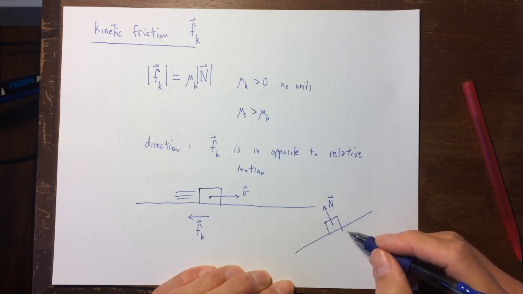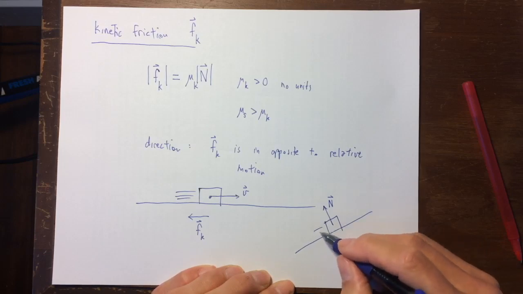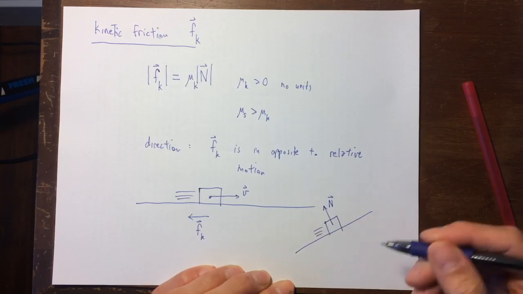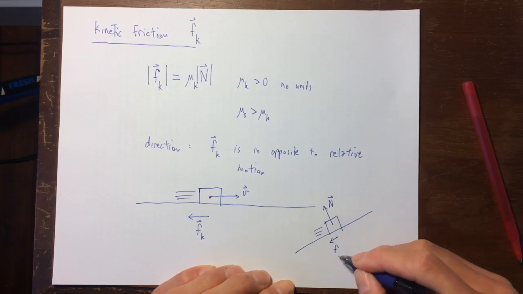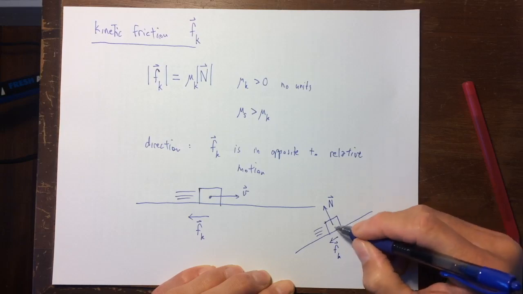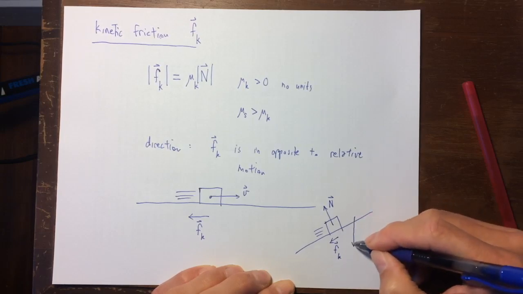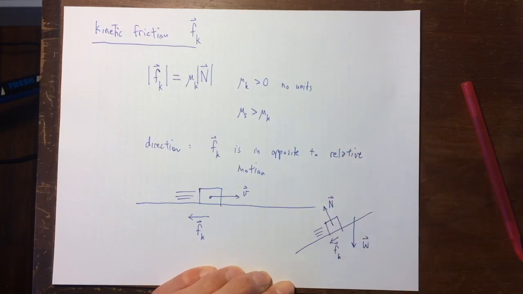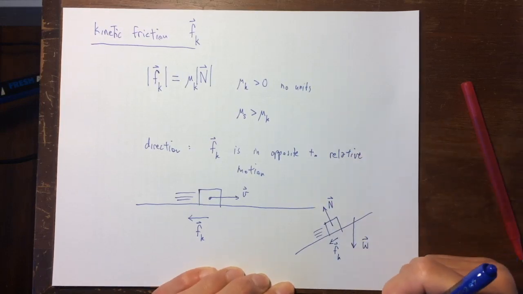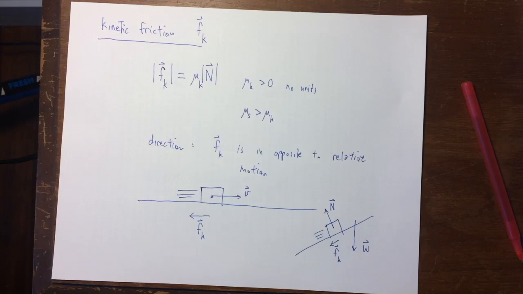So an interesting case is, what if this object is actually moving up the plane like this? Then the friction force is going to be opposing like this, but also on this object is a weight force vector. And these are the three forces that dictate the acceleration of that object. Okay, thanks.